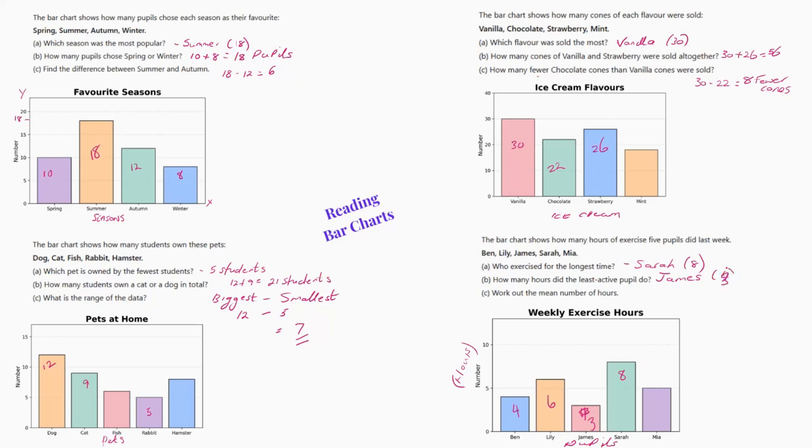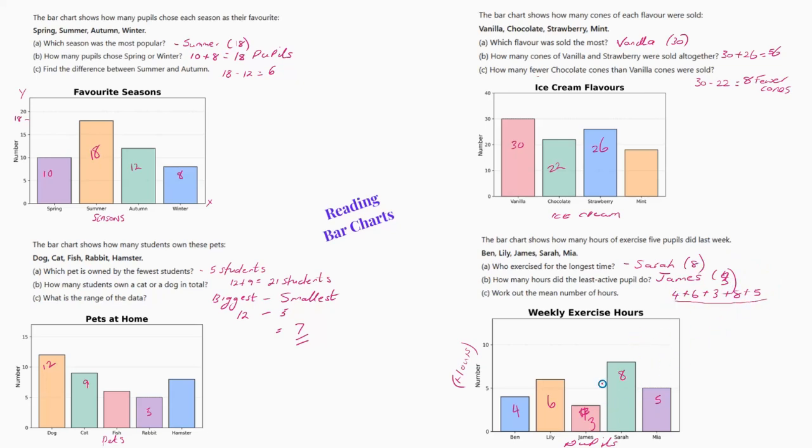James is still the least, but... And then we have 8, and then that one is easy to know is 5. So we're going to do 4 plus 6 plus 3 plus 8 plus 5. And we're going to divide it all by the amount we have.